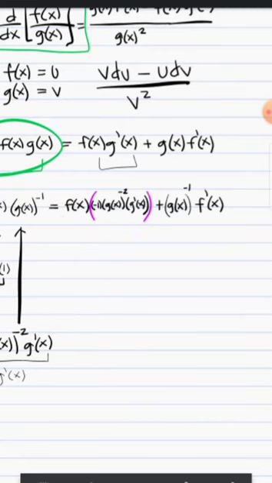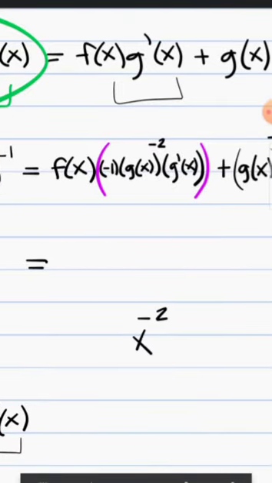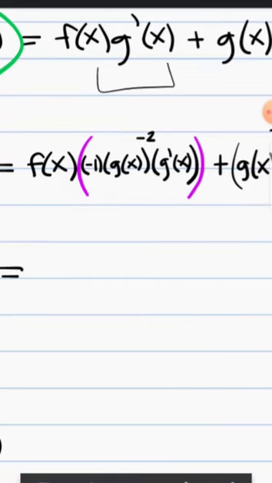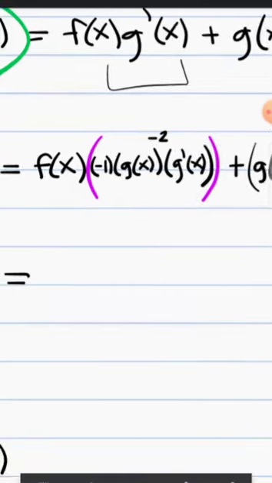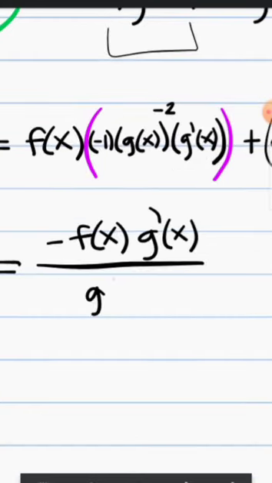If we simplify it further, we'll have this one, same as saying x to negative 2, and that would be equal to 1 over x squared. So we'll have this, multiply the negative to this 2, so negative f of x times g prime of x. So this one, you can see, and this, and that's all over g of x squared.